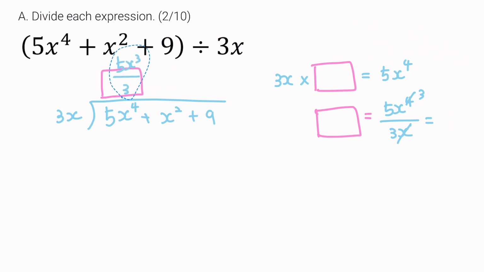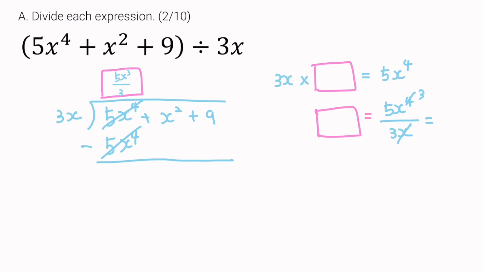So I'm going to move it here and resize it to fit that into my little box right there. So if I multiply these two expressions, I'll get 5x raised to the power of 4 back and conveniently remove that first term successfully.